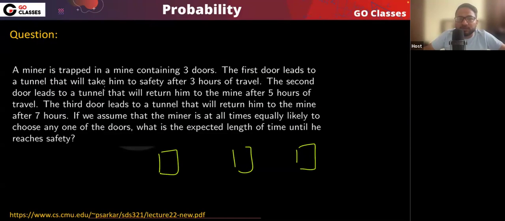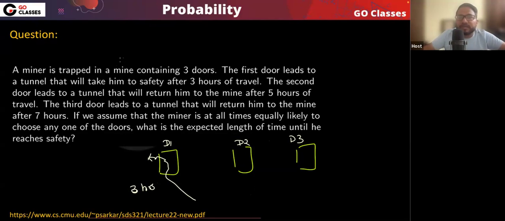Let's suppose this is door one, this is door two, this is door three. Now this door will get him to safety after 3 hours of travel. The second door leads to a tunnel that will return him to the mine after 5 hours of travel.